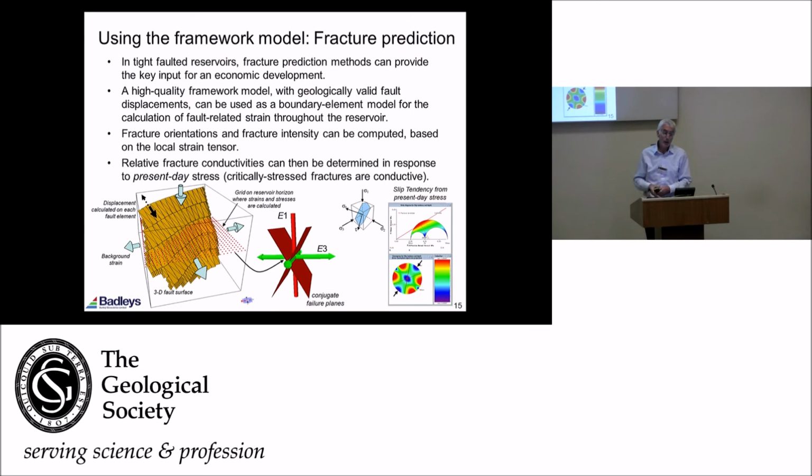So if we've got a good structurally robust framework model, the fault displacements that are built into that model can be used as input to a boundary element model. And that allows us to understand the strain within the reservoir, and then from that we can directly understand the likelihood of fracturing and small-scale faulting throughout the area of interest.